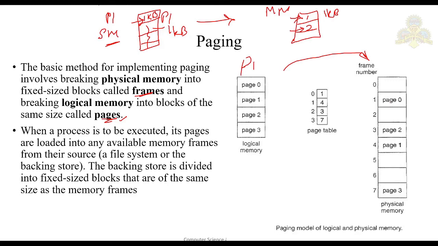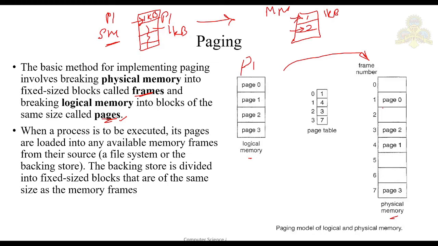So for us, it is quite easy to understand that we have the secondary memory here and the physical memory here. We can say that page 0 is present in one of the frames of the physical memory. But your operating system keeps track of which page is present in which frame.